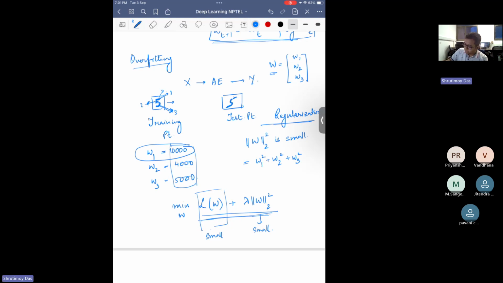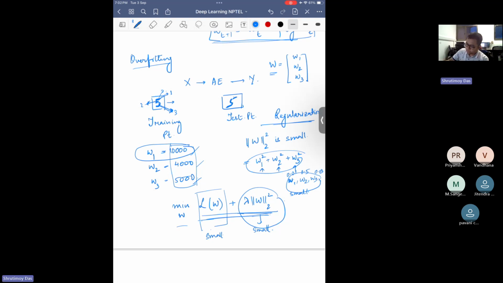And if you want this to be small, we want that each of these things should be small, right? Each of these W1, W2, W3 should be small. Only then will we be able to minimize this. So these are small, it cannot have these large values, right? It will only have some very small values, so 0.01, 0.1, 0.5, 0.03, and so on, right?